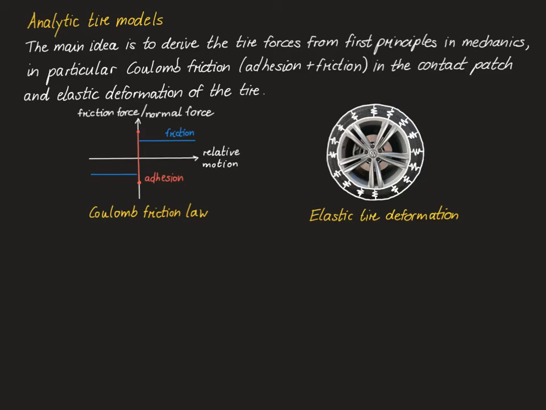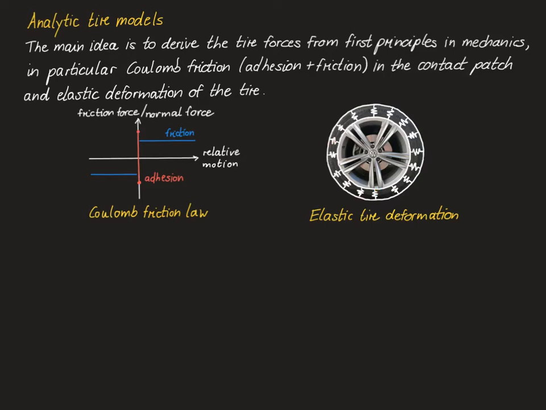Here, the friction law is used to model the contact between the tire and the road, and the elastic deformation law is used to model the deformation of the tire between the contact patch at the road and the rigid rim which is attached to the vehicle. This elastic deformation is just represented qualitatively by these little springs in the diagram here.